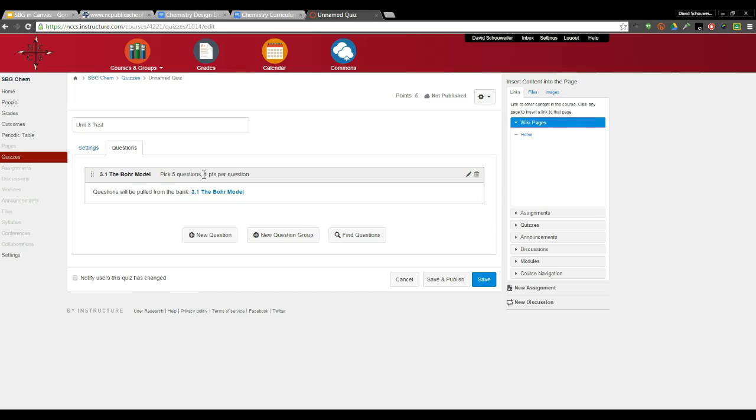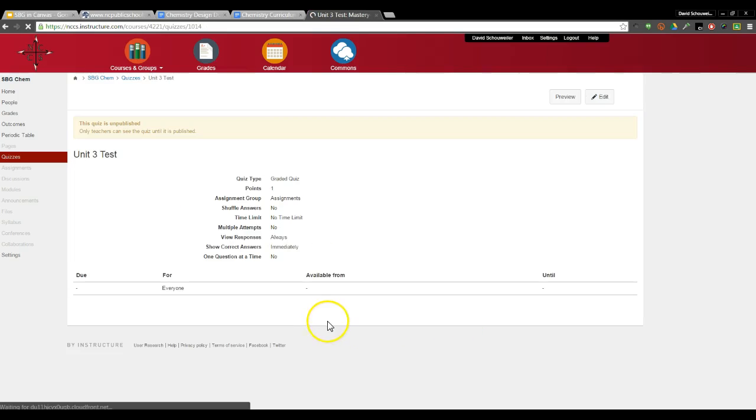If they earn all 5 points, if they get all 5 questions correct from this outcome, then the Learning Mastery Gradebook will automatically give that student a level 4 mastery, because I set that outcome, that question bank, to give them full mastery at 100%. And you can add more question banks to this as well. You can add as many question banks as you would like to a single individual quiz. So I'm going to click Save. And now I'll have my quiz.